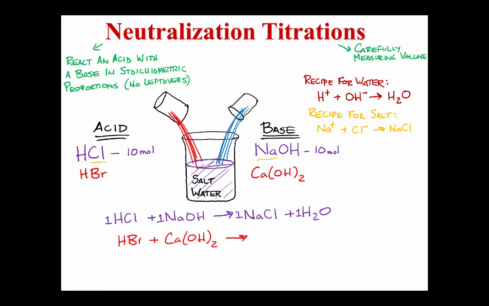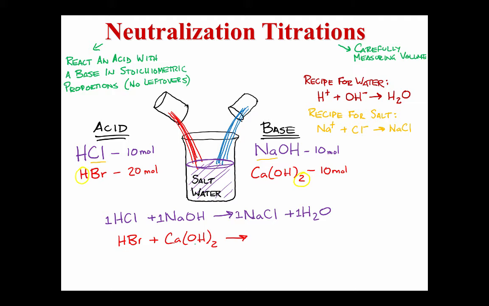What we really see here is that there is a 2-to-1 ratio between the acid and the base. I need twice as many HBr as Ca(OH)2. If I have 10 moles of calcium hydroxide, this will require 20 moles of hydrobromic acid to neutralize. Again, this is true because there are 2 OH- ions and only 1 H+ ion.